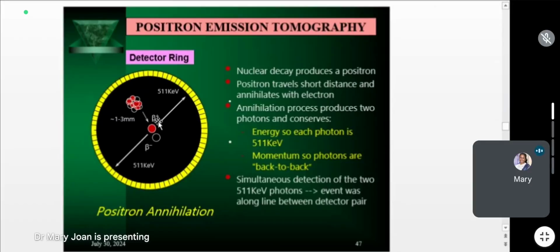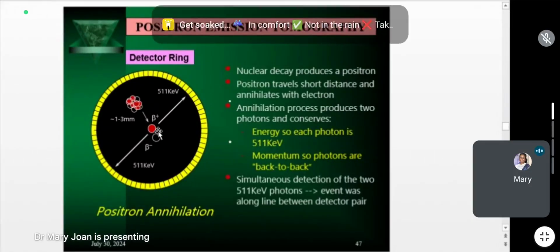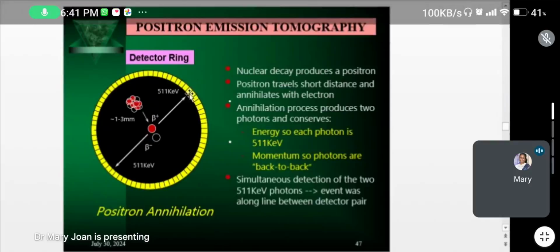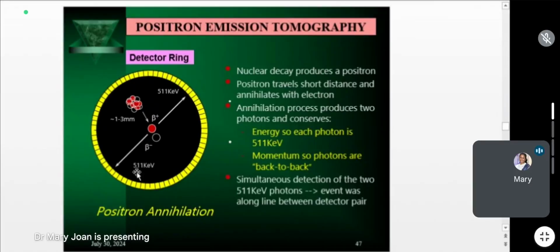So energy of each photon is 511 keV, and momentum, so photons are back to back. So you can see each of these 511 keVs are emitted out once the positron gets combined with an electron and it annihilates to produce 511 keV photons. So from the point where the positron emission took place, it travels around 1 to 3 mm in the tissue. In that period of time, it gets combined with the electron and gets annihilated.